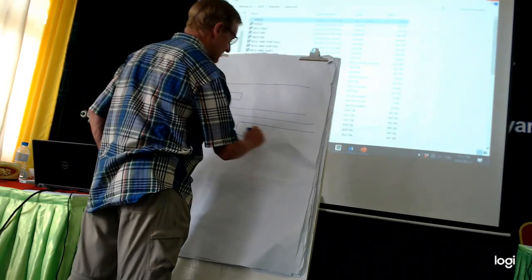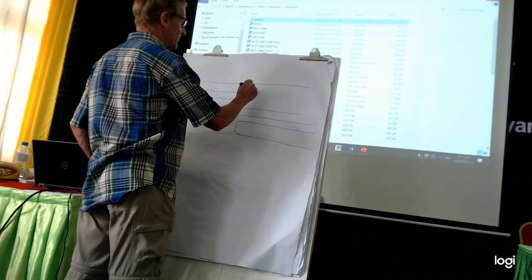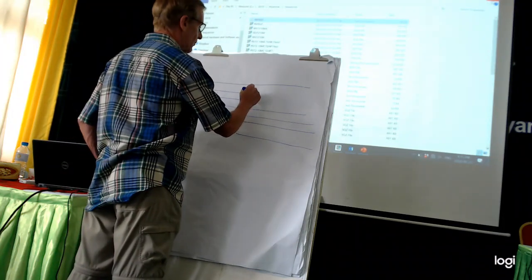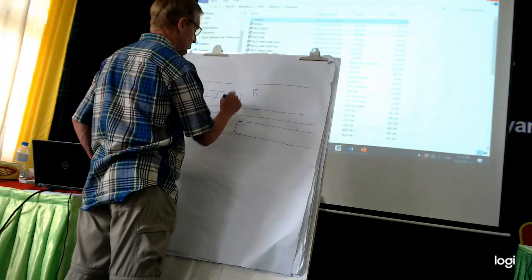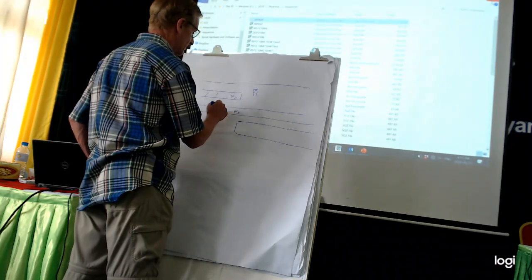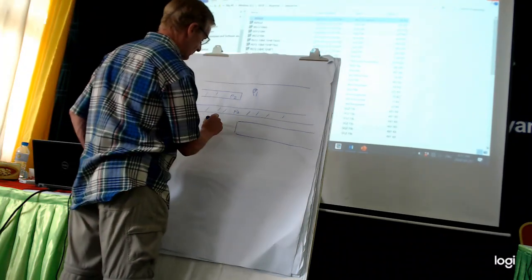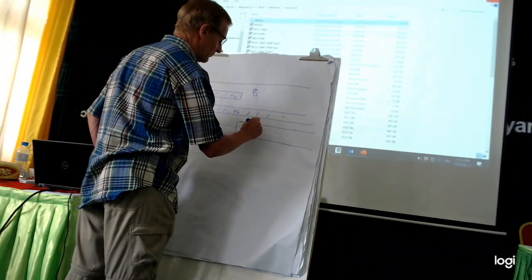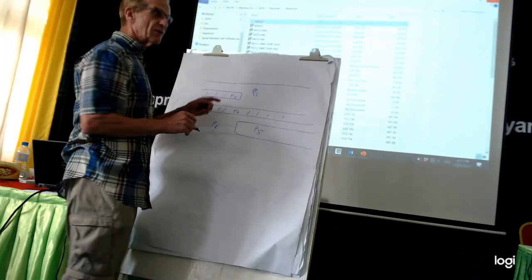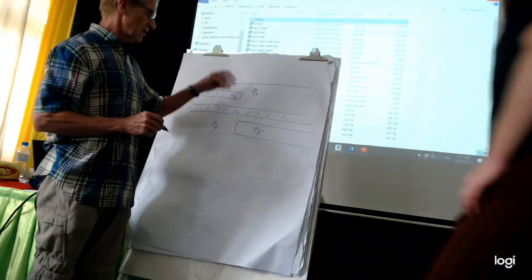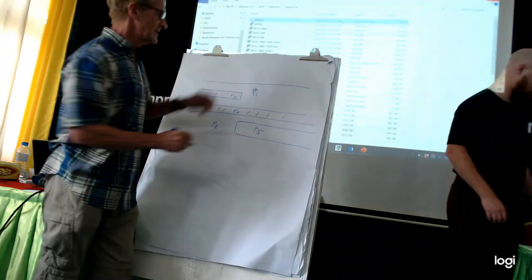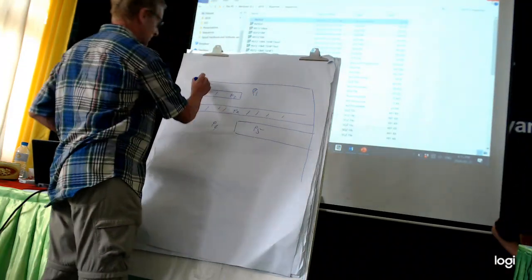So remember, this is what we had. We had row 1, row 2, row 3, layer, row 4, row 5. This was our idea of what the Earth could be like.